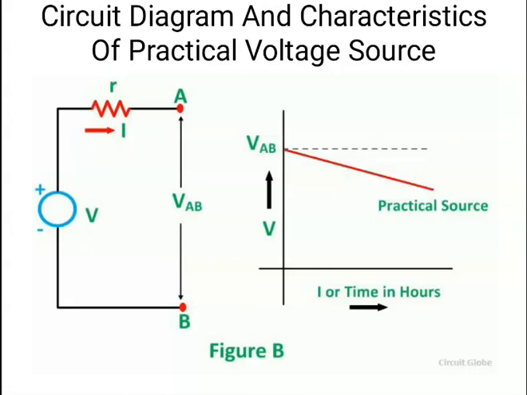That means the voltage will decrease as time increases. Hence you can see in that graph that the level of the voltage is decreasing. So this is the practical and ideal voltage source.